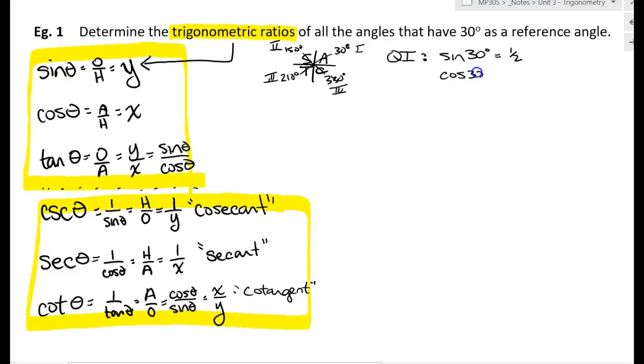Cosine of 30 degrees is root 3 over 2, and tangent of 30 degrees is, these are divided, so that is 1 over root 3, or as I like to write it, root 3 over 3. No, over 3, sorry.